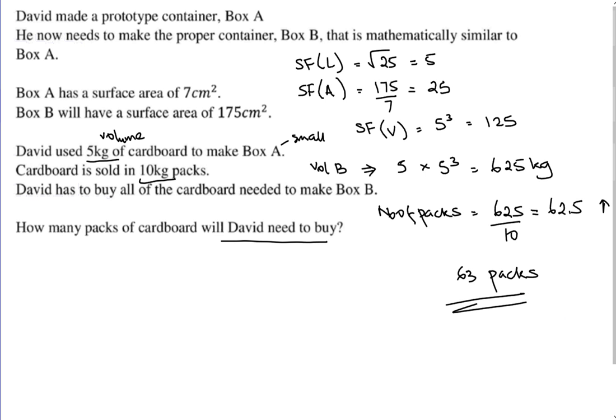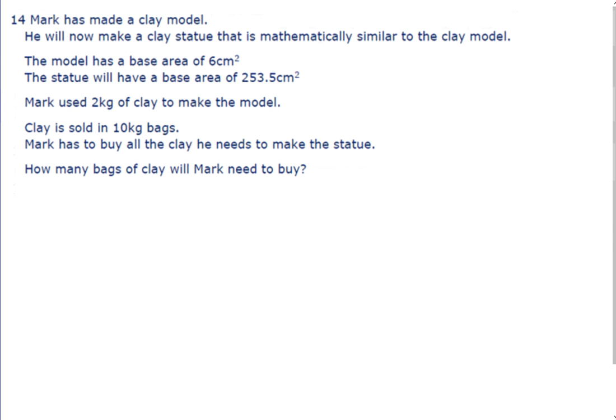Great. Okay, next question. Mark has made a clay model. He will now make a clay statue that's mathematically similar. The model has a base area of 6, and the statue's base area is 253.5. So again, let's do the scale factor of the area, which is 253.5 divided by 6, and you get 42.25.